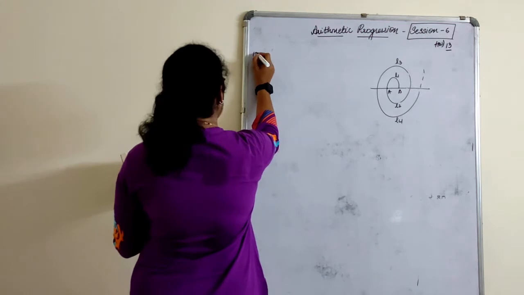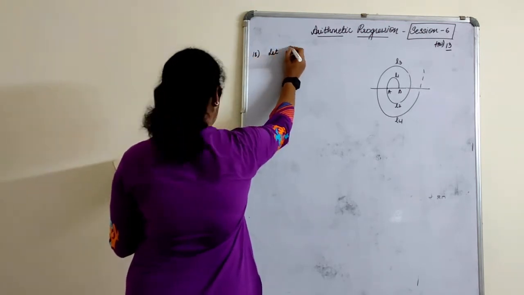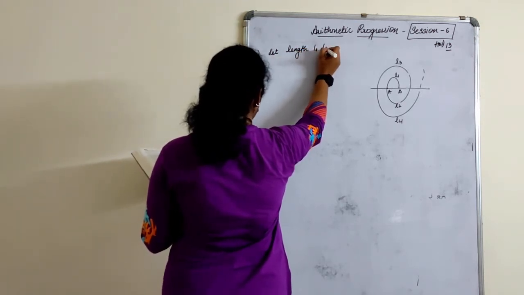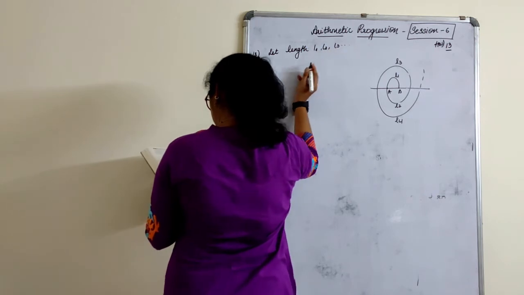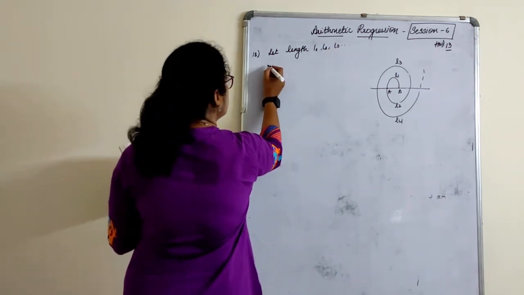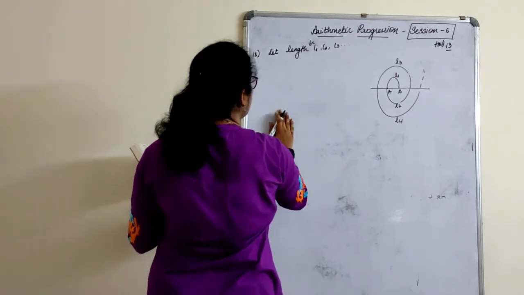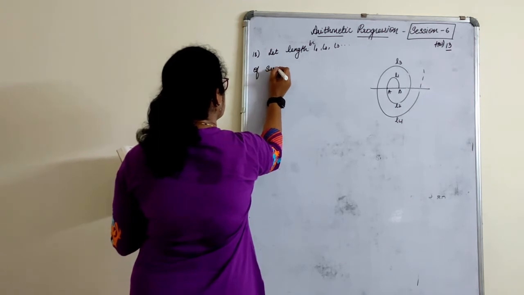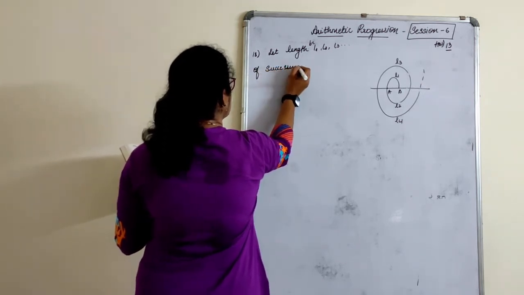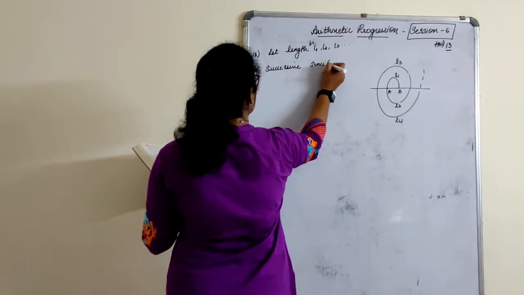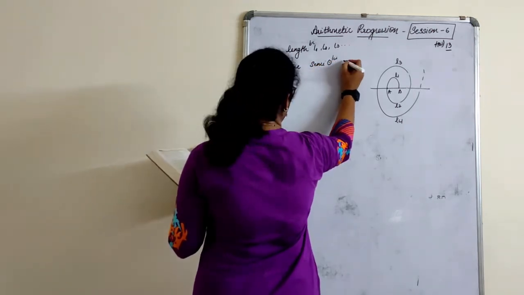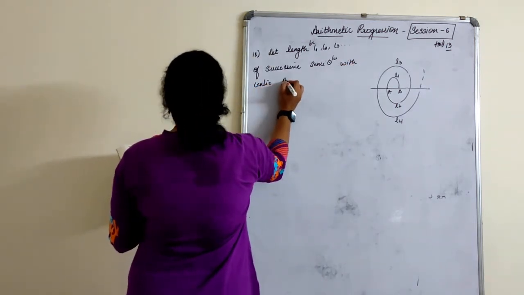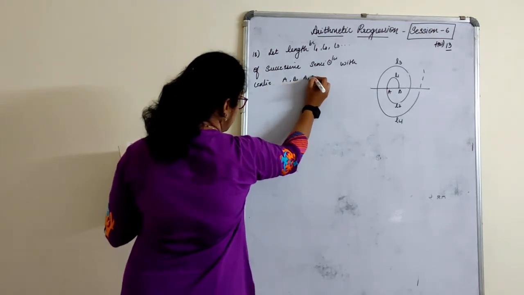Let the lengths L1, L2, L3 and so on be of successive semicircles with centers A, B, A, B, and so on, respectively.